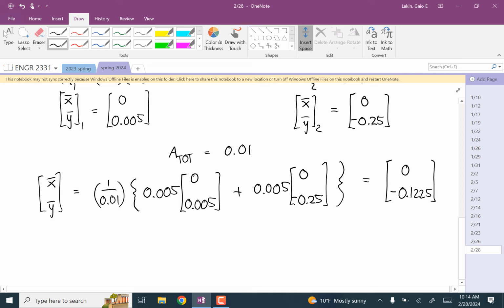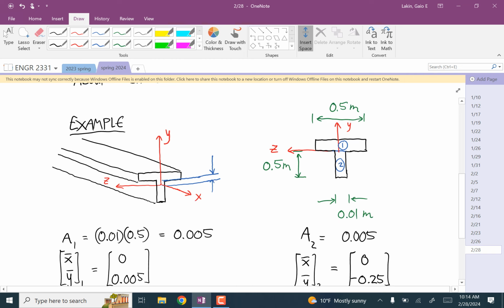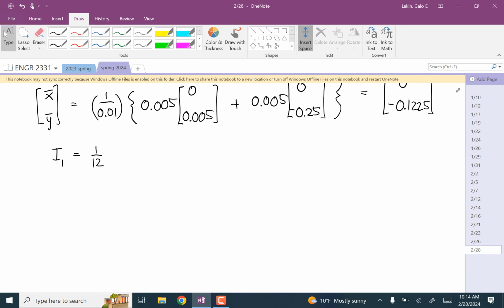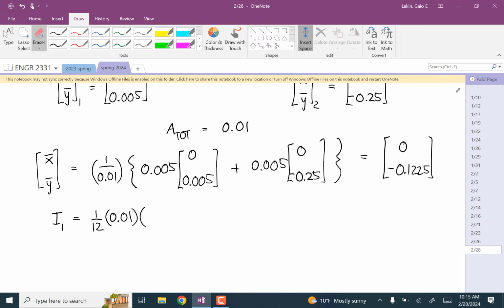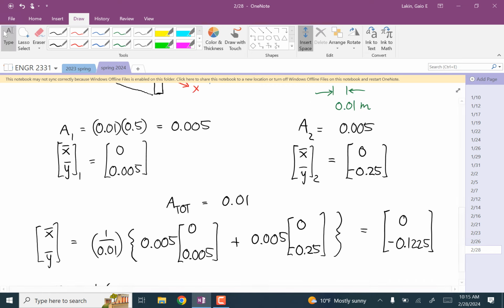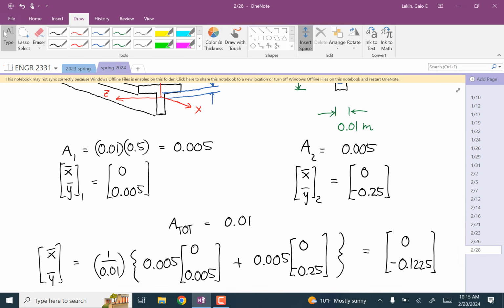Okay, so for rectangle 1, the area moment of inertia is 1/12. Rectangle 1 is the top one, times the base, which is small, 0.01, times, no. We need the mass of each piece. We don't need the mass because this is just area related. Oh. Okay. Yeah, doing this at the same time is like a mind twister.